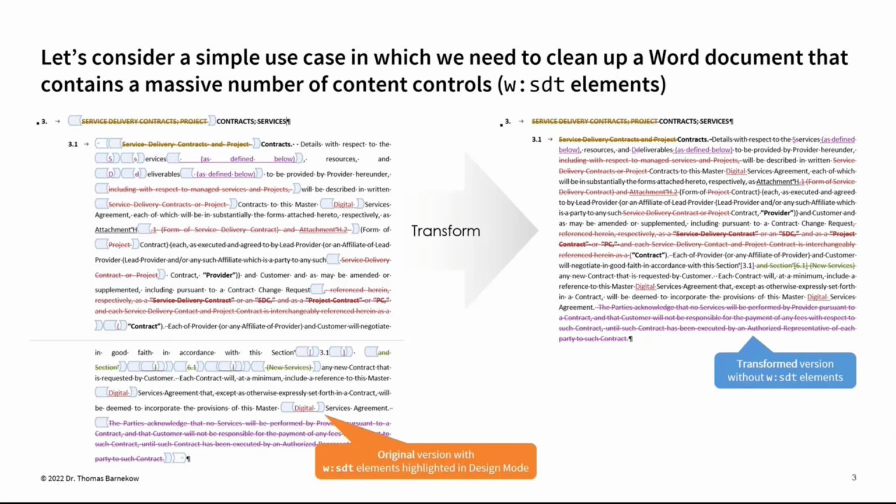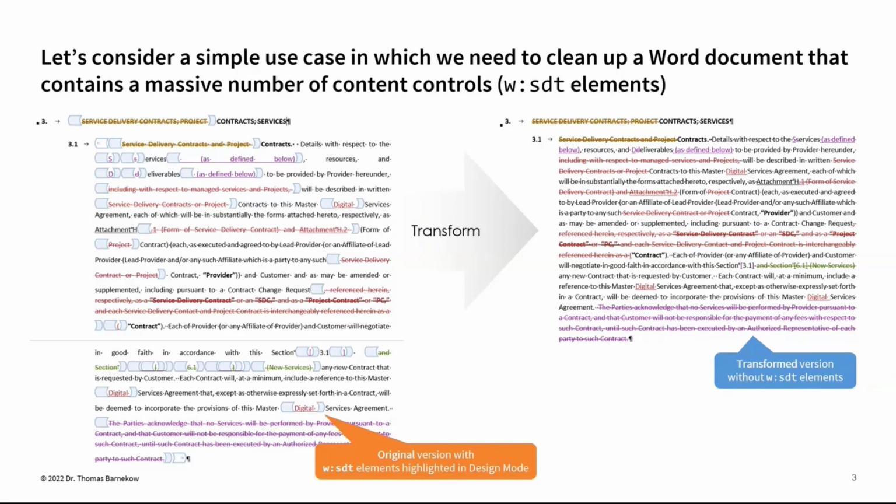So let's look at this quick example of a Word document snippet on the left, which came with tons of content controls and nested content controls specifically. And that was very hard to work with in an outsourcing deal context.